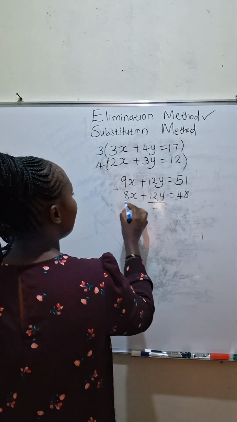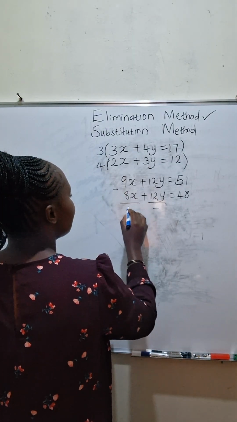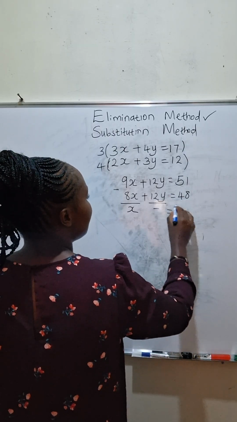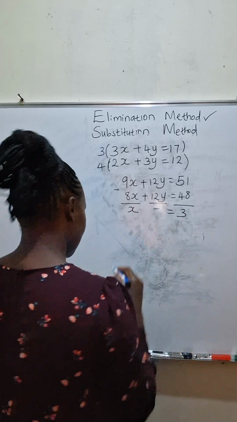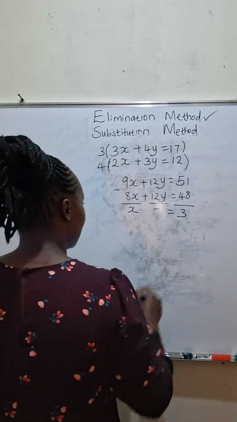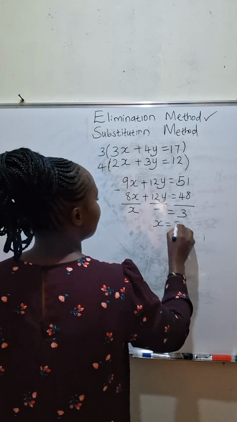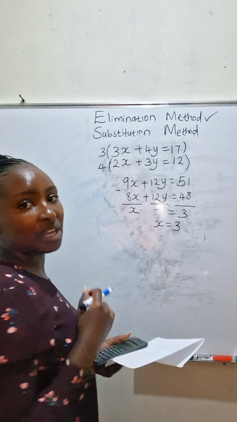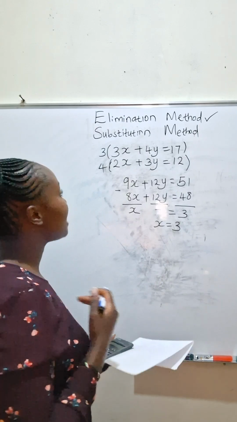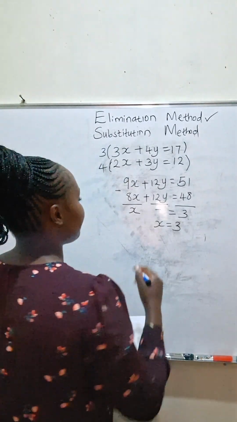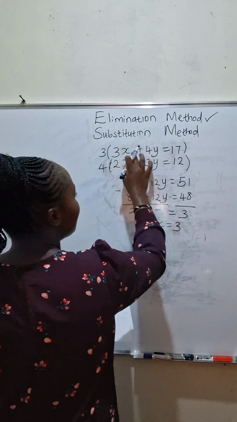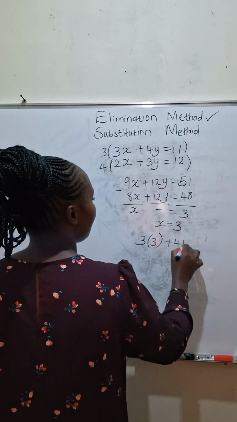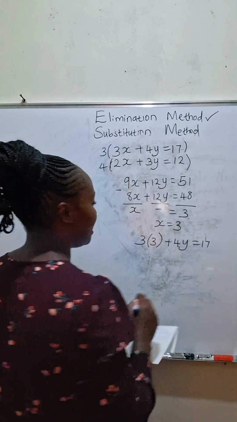So 9x minus 8x, we get a single x. And 51 minus 48 is 3, right? So we get that x is 3, okay? Now, you can replace this x in any of the equations above so that you can get y. I am using the first equation: 3 in brackets 3, plus 4y equals 17, right?